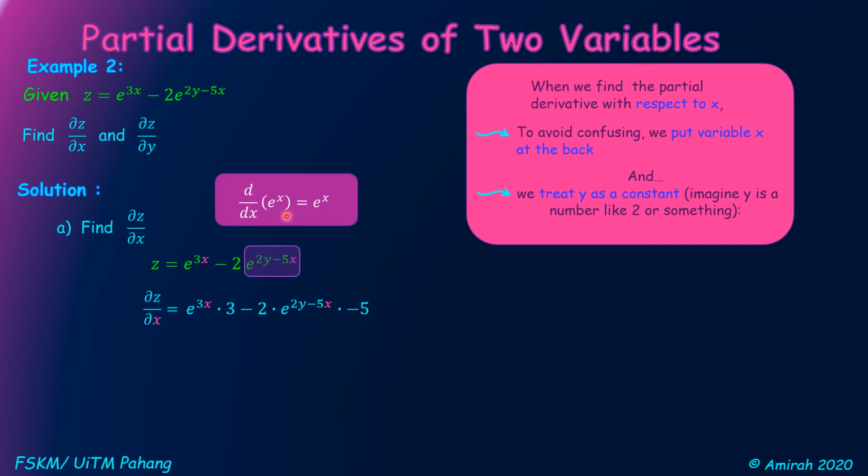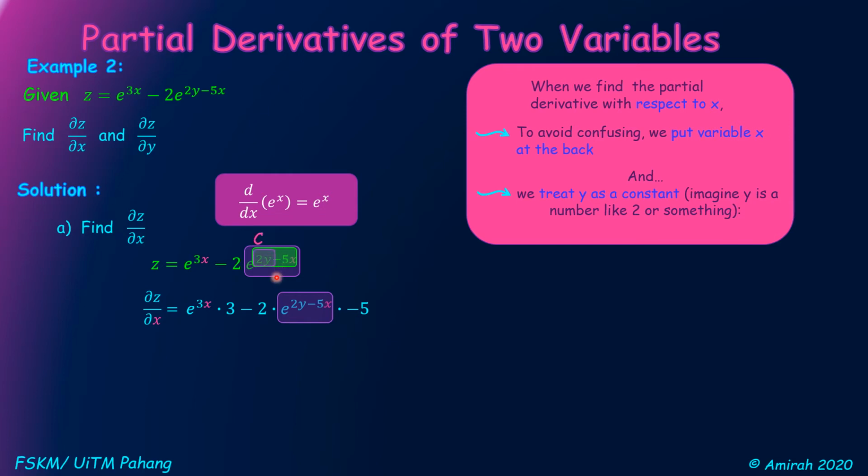When we differentiate e to the power of a single x, we have e to the power of x. So when we differentiate e to the power of 2y minus 5x, we get back e to the power of 2y minus 5x. After that, we need to differentiate the exponent.